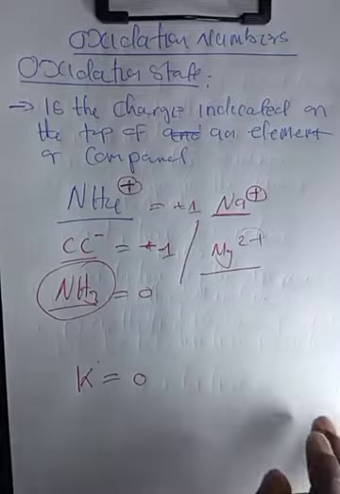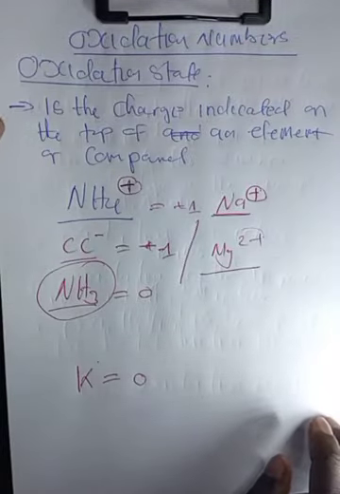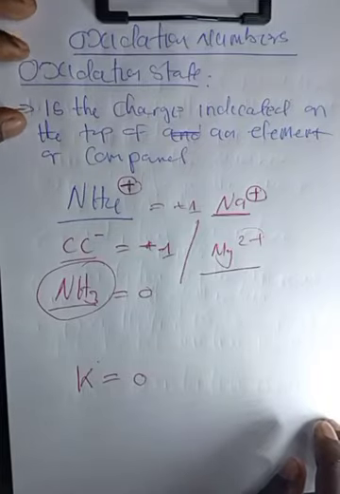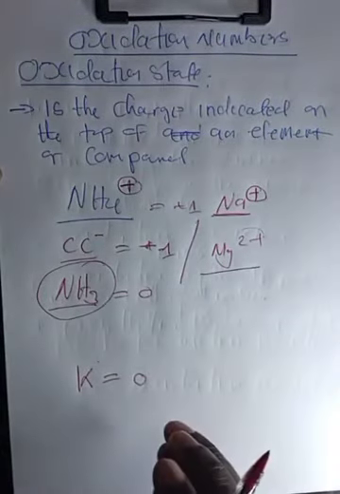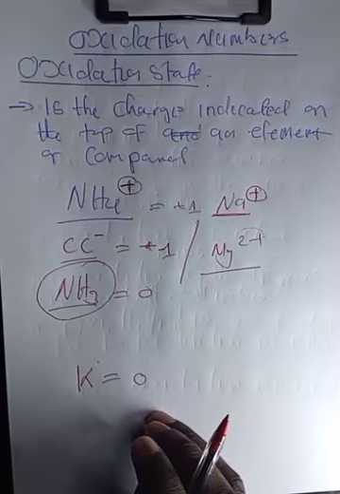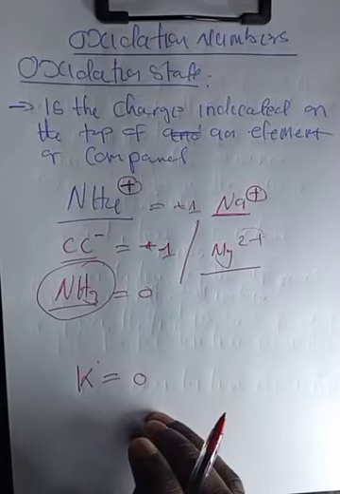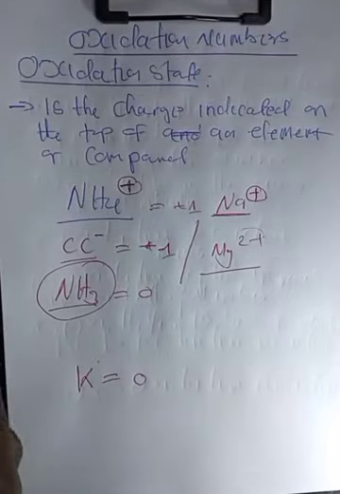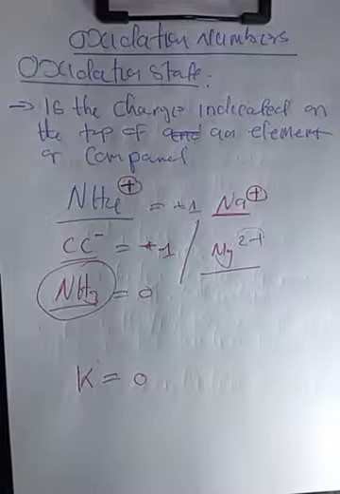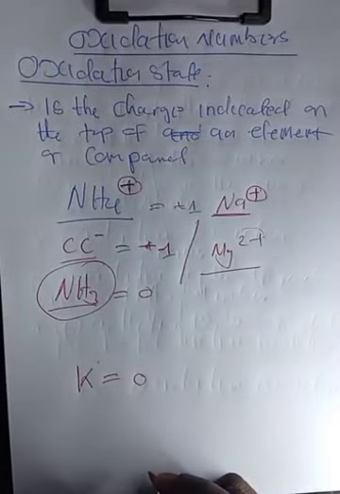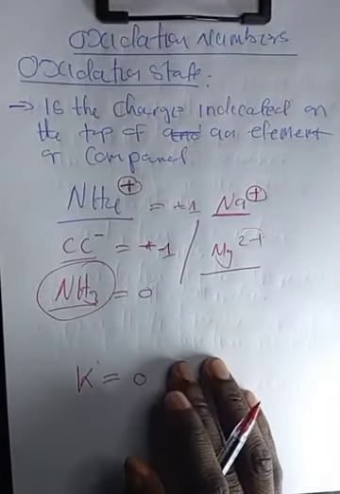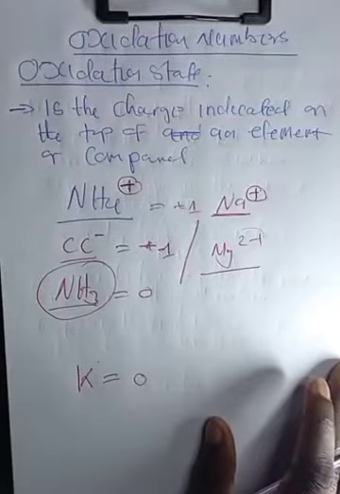But for now, understand the definition: when we say oxidation number, we simply mean the charge indicated on top of a compound or element, like the examples I've shown. And an element or compound with no charge indicated has an oxidation number of 0. So just know the definition for now before we proceed.